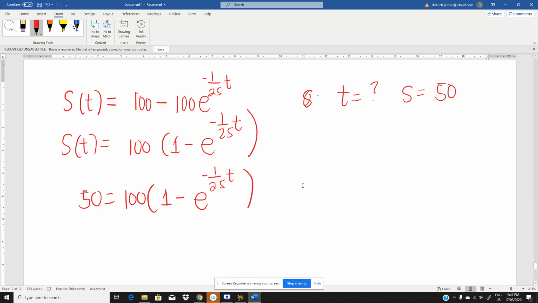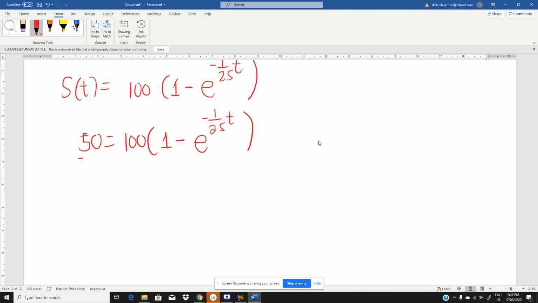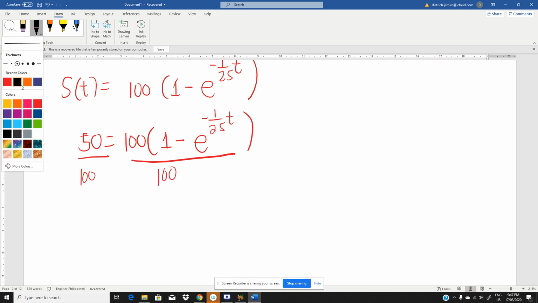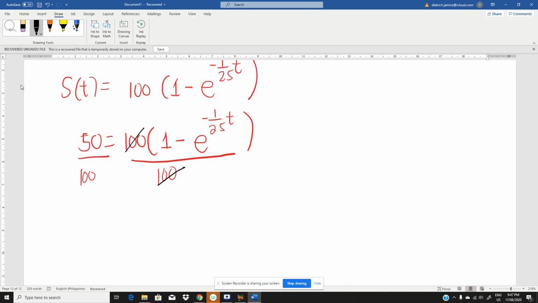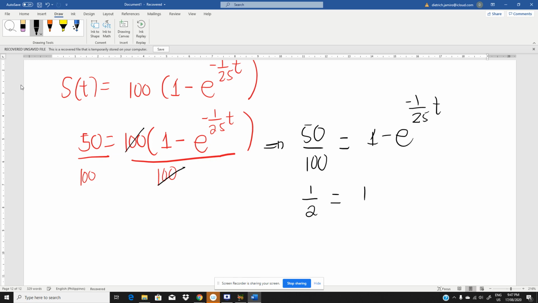And then solving this, we will divide both sides by 100. So 100 will cancel out on this side. So we will have 50 over 100 is equal to 1 minus exponential of negative 1 over 25t. So transposing, we will have 1 half is equal to 1 minus e raised to negative 1 over 25t.